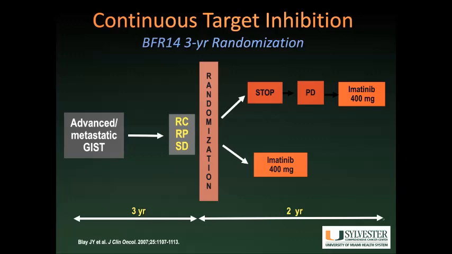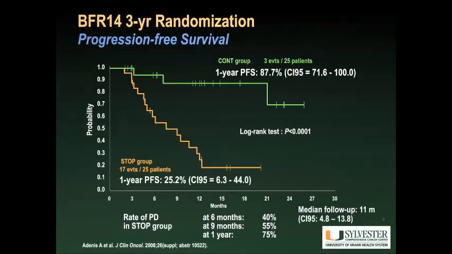And so in France, Dr. Blay et al. did a study where patients who responded or had stable disease for 3 years were randomized to either continuing Imatinib or stopping Imatinib. At the most recent presentation of the data, in this curve, what you can see in the white writing up by the green line is that if a patient continues to take Imatinib, at 1 year, almost 90% are progression-free.